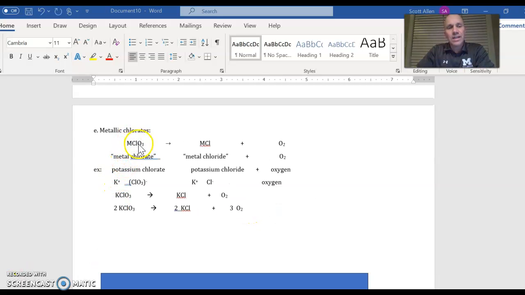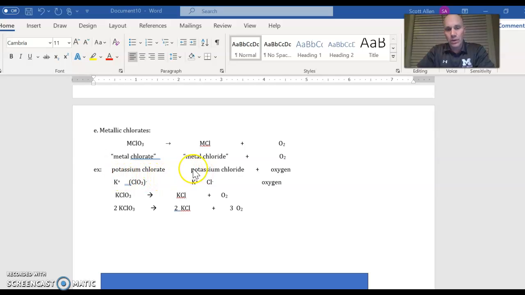The last example is represented generically like this. Again, the generic word equation would be a metal chlorate will yield a metal chloride plus oxygen. So substitute in for a specific metal. We'll just choose potassium.